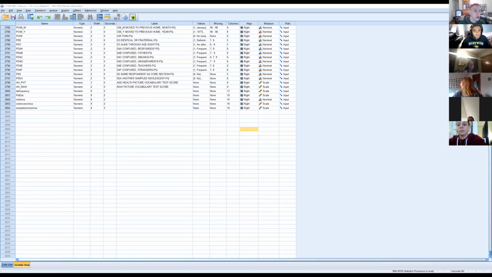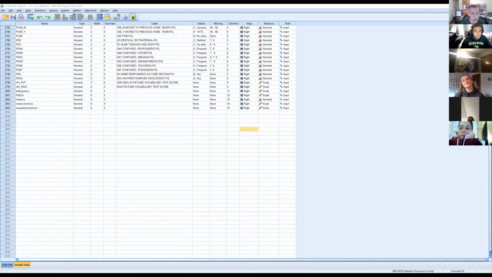And so we want to go up to where it says analyze, and go into where it says regression. Note that there are lots and lots of regression options. Simple linear regression is the basis upon which lots of other regressions are further developed.